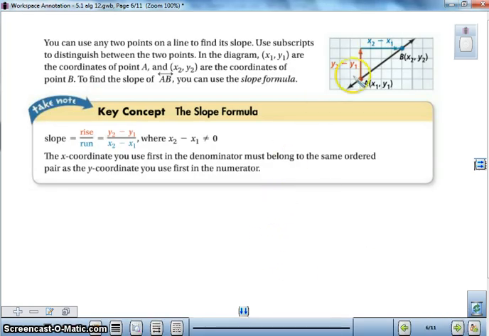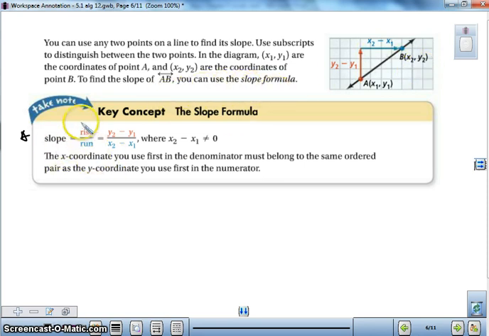Now, sometimes it's easy to look at a graph, but if we don't have a graph, we actually want to use this equation that we are looking at. It says with any 2 points on a line, you can find its slope. The subscripts are distinguishing the 2 points, so we think of this as x1 and y1, the coordinates of A, and x2 and y2, the coordinates of B. And here is our slope formula.